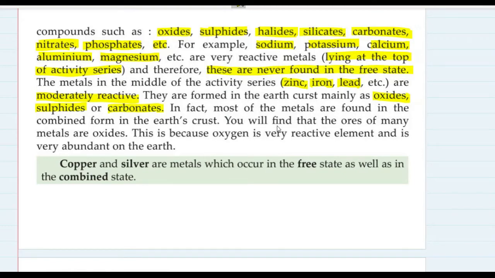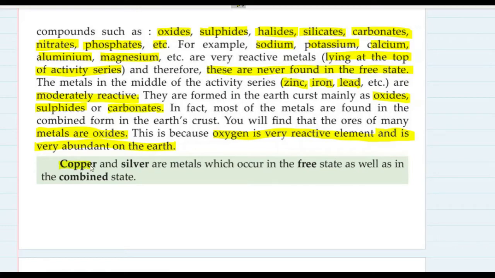You will find that the ores of many metals are oxides. This is because oxygen is a very reactive element and is very abundant on the earth. So most of these moderately reactive metals are found in combination with oxygen as their metallic oxides.